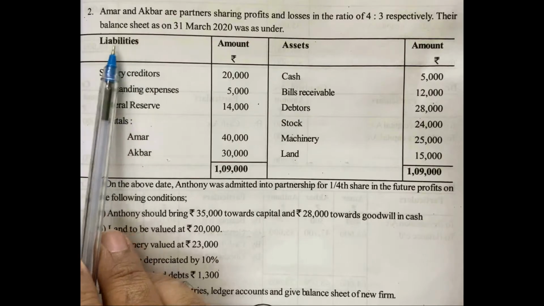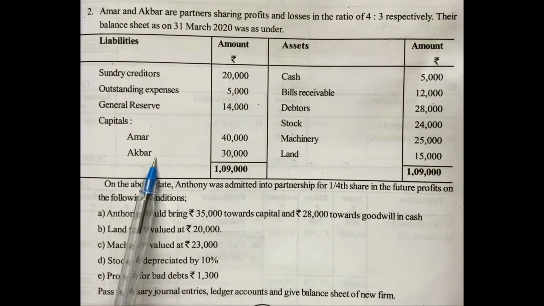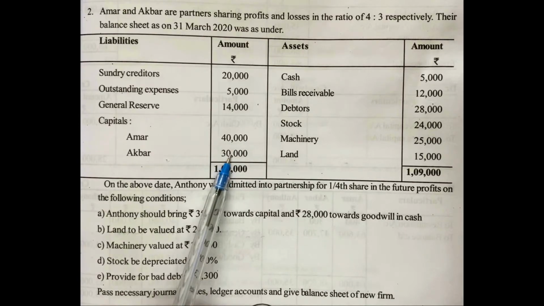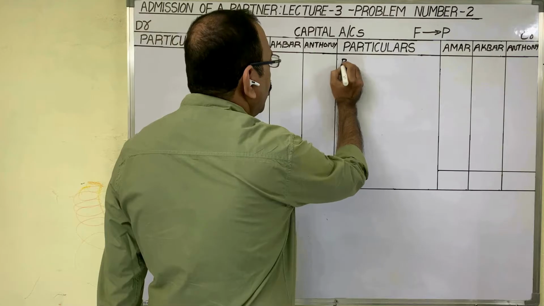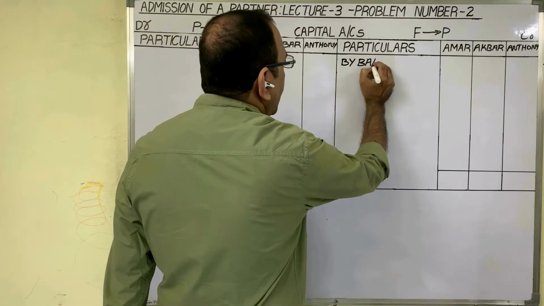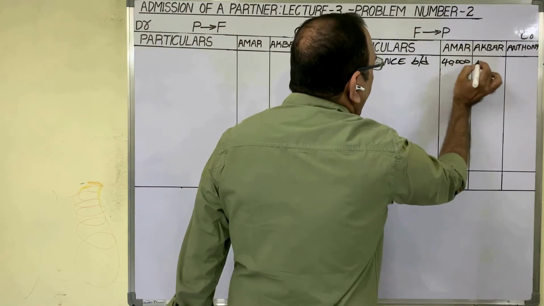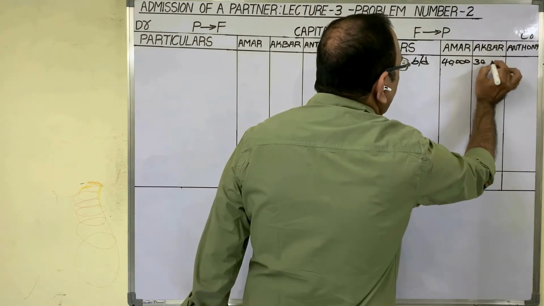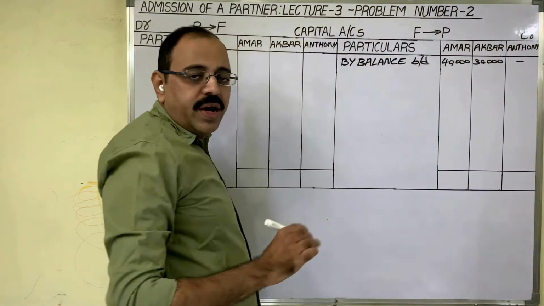In the old balance sheet, under the liability side, he has given the capitals of Amar and Akbar, 40,000 and 30,000. These two amounts we have to write on the credit side as opening balances: by balance brought down, 40,000, 30,000. As the new partner's capital is not given in the old balance sheet, for Anthony we should not write anything.